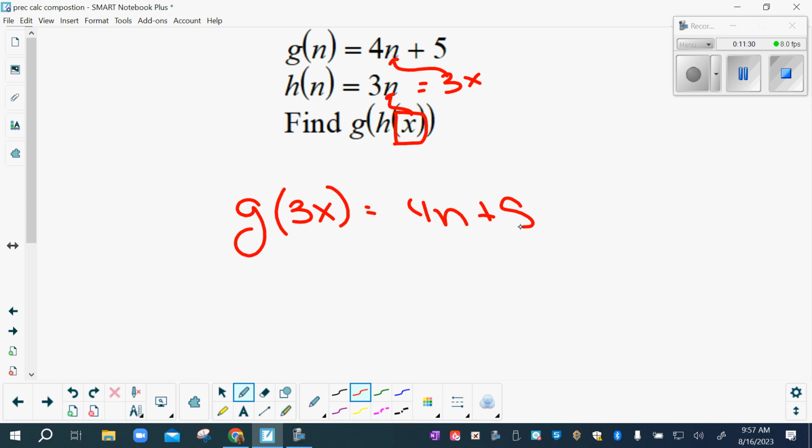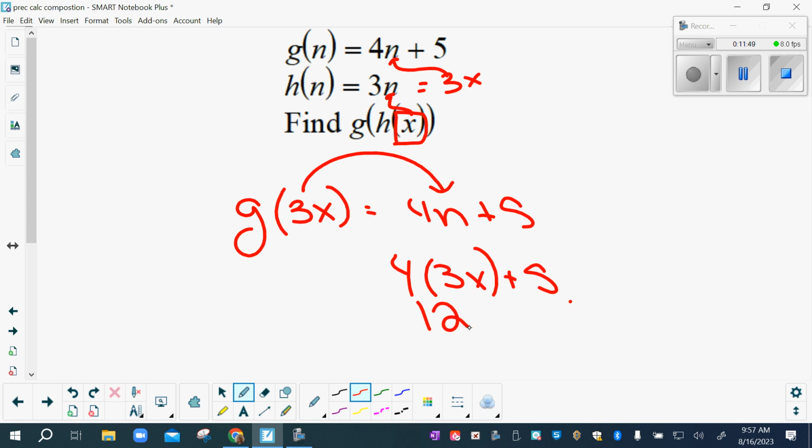Everywhere we see an N, we're popping out that N and putting this in its place. And we're going to say 4 times 3x plus 5. Oops, that's not right. There we go. Plus 5. We're going to make 12x plus 5.